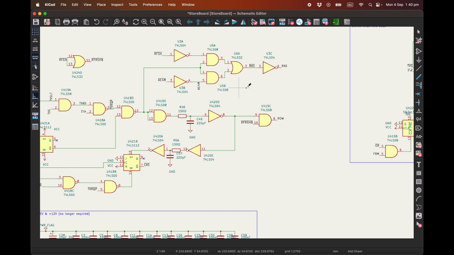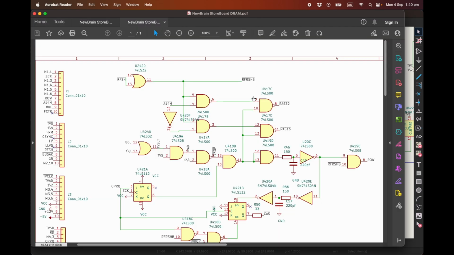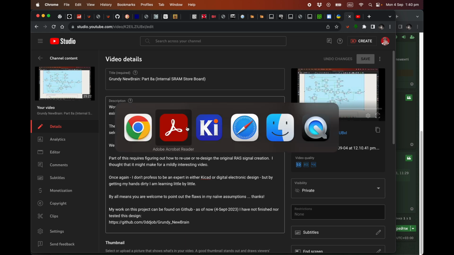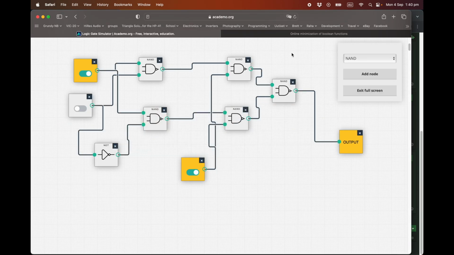We don't care about any of these values. We basically just want whatever this value is here.